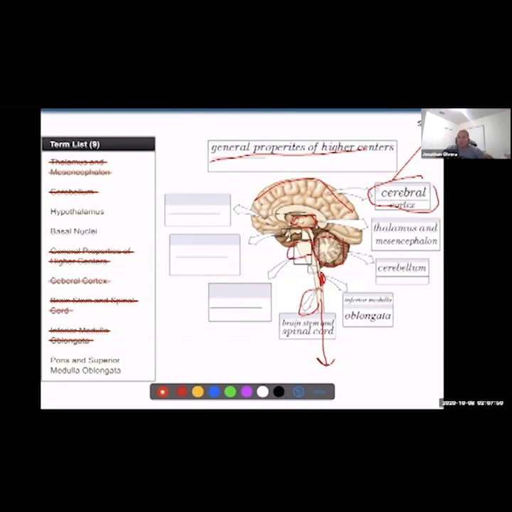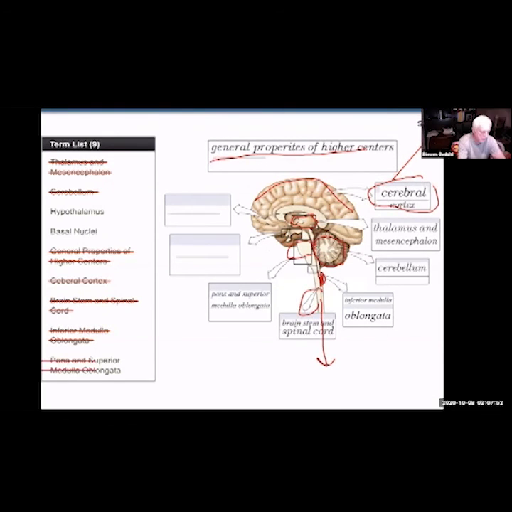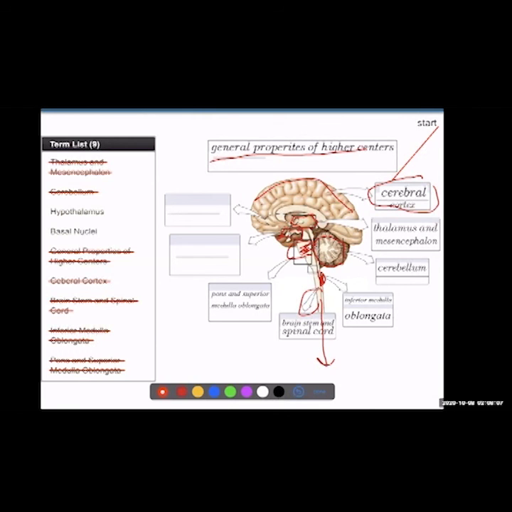Pons. With the superior part of the medulla oblongata. But this is the pons right here. Okay. And then this area is what? This square right here that sits just below the thalamus. The hypothalamus. That's right, the hypothalamus, below the thalamus. Perfect. There's only one left. You should all get it. These are the basal nuclei.